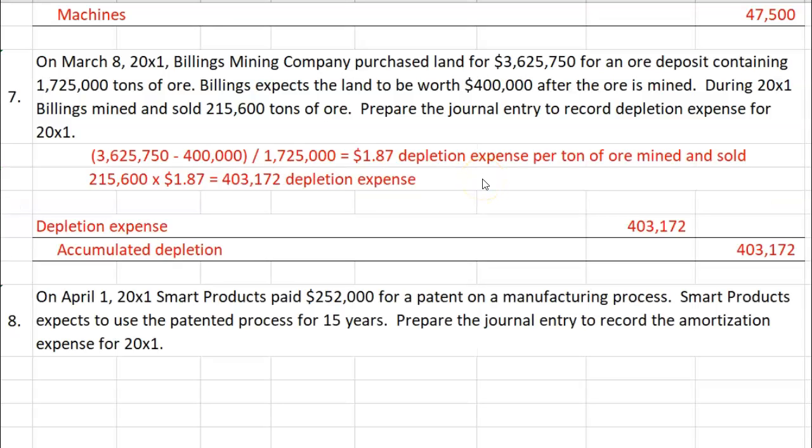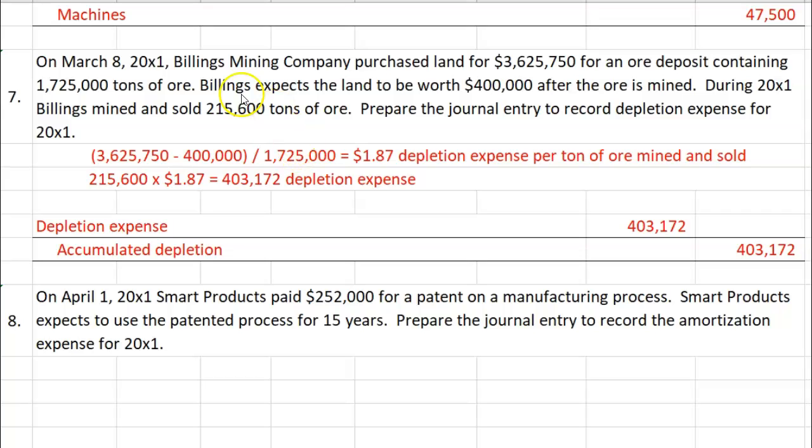As you learned when you watched the instructor video lectures for Chapter 8 and while you read the textbook, depletion is calculated in a manner very similar to units of production depreciation. It's cost minus salvage value divided by the total quantity of natural resources that is contained in that asset.